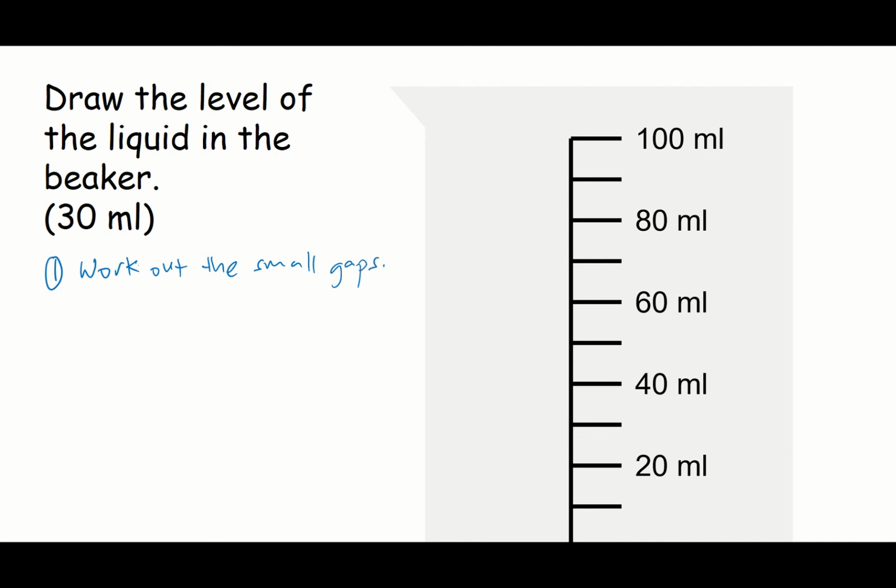So again, let's look at any two. Let's pick these two for now. 60 ml and 40 ml. 60 ml minus 40 ml equals 20 ml. How many steps make up 20 ml? 1, 2. 2 steps again.